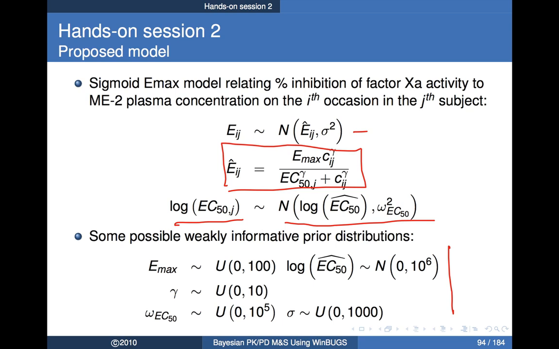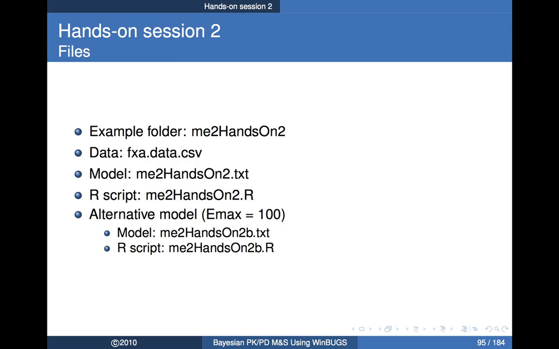So that was your mission, and in particular your mission is going to be to focus mainly on the BUGS model itself. I'll go ahead and also do part of the R script while we're at it here. Let's orient you to where the stuff is. The stuff's all in this ME2 hands-on 2 folder. The data set we'll take a look at in just a second.